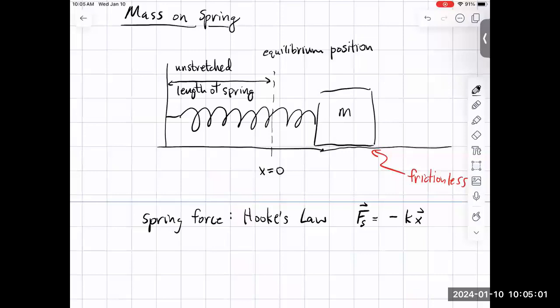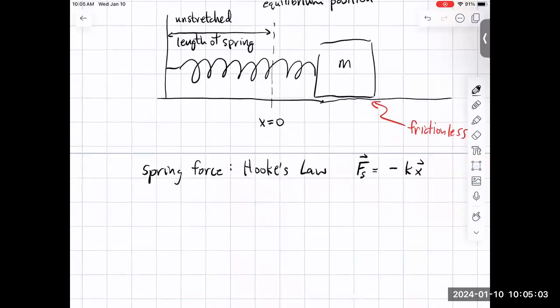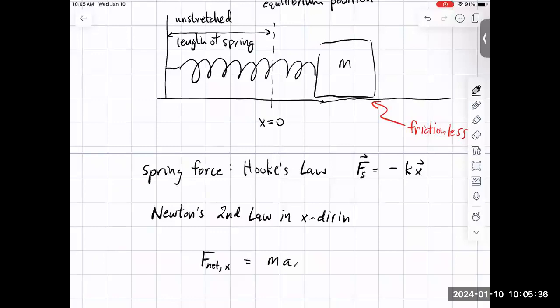Okay, so if we write down Newton's second law, let's focus on the x direction, the horizontal direction. We can do a second law for the vertical direction, but in that case, we just have the gravitational force down that's completely balanced by the normal force up, so there's nothing really interesting happening there. In the x direction, Newton's second law says the net force in the x direction is equal to the mass times the acceleration in the x direction.